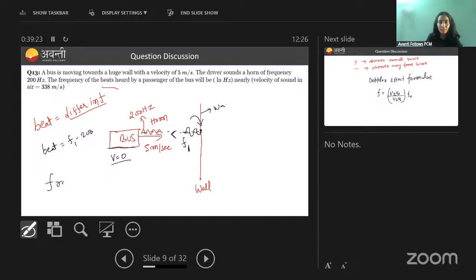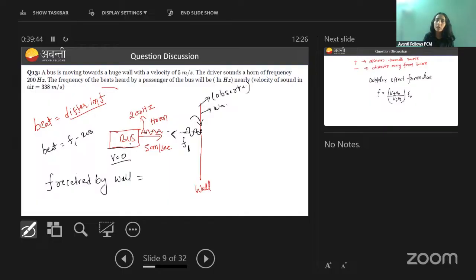So what will be the frequency received by the wall? How will you write it? Here the receiver is the wall, so the wall is the observer in the first case. When we are calculating the frequency received by the wall, the wall is the observer. Who is the source? The bus horn, right?